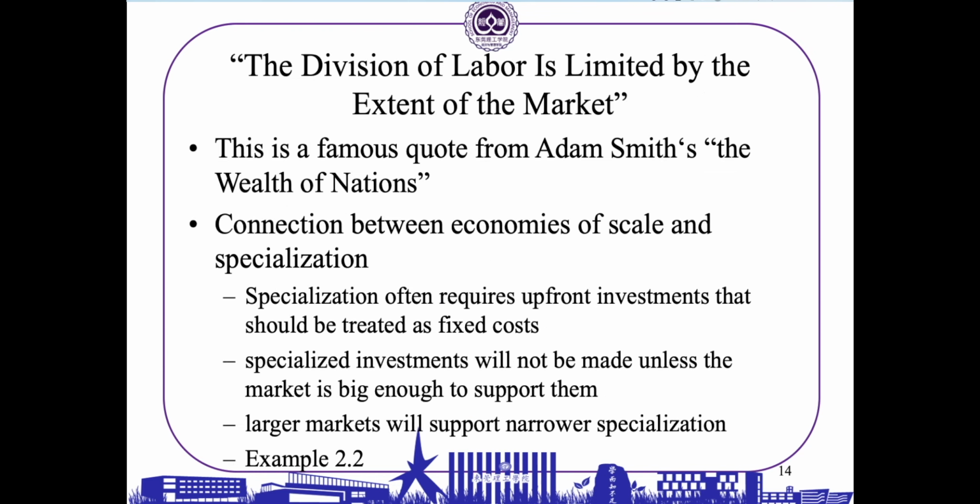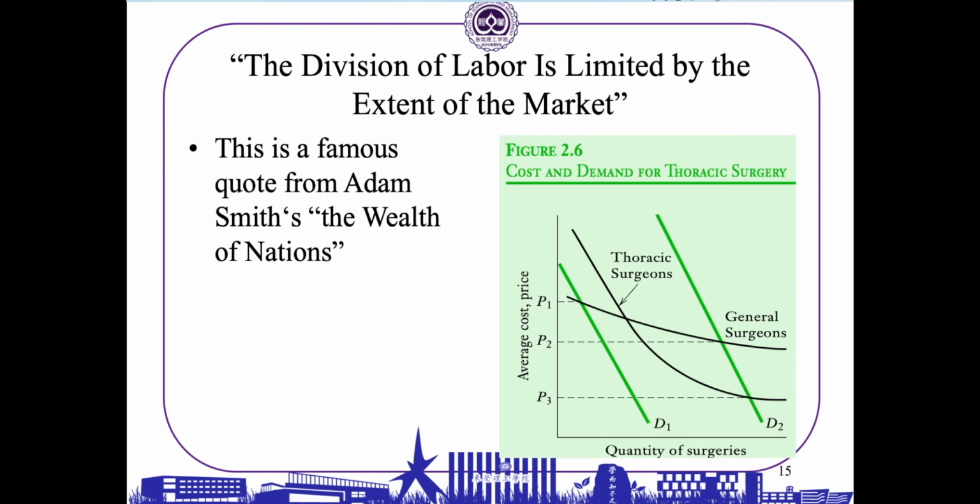The economy of scale is related to the concept of specialization. In Adam Smith's The Wealth of Nations, the division of labor is limited by the extent of the market. This is because in a more detailed specialized process of a job, more precise investment is needed. For example, a general surgeon needs to invest more time and effort to become a thoracic surgeon in Example 2.2.